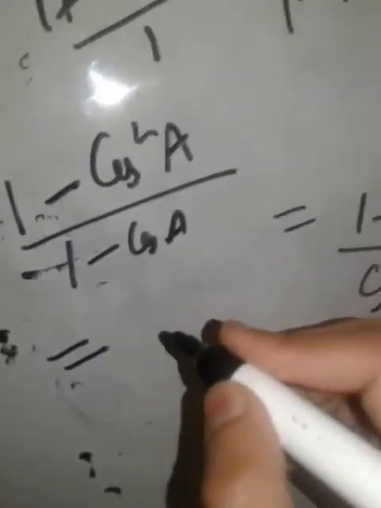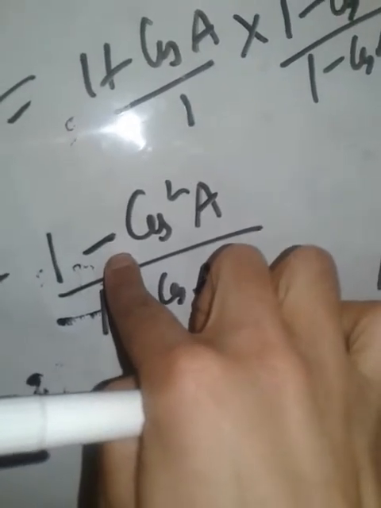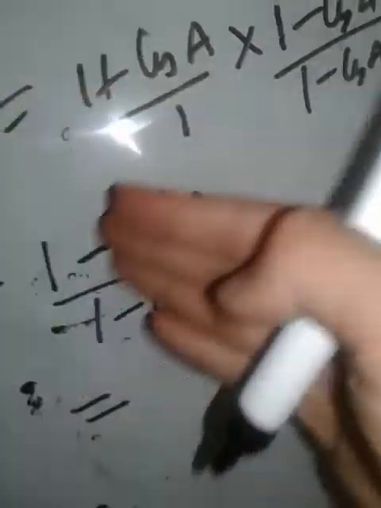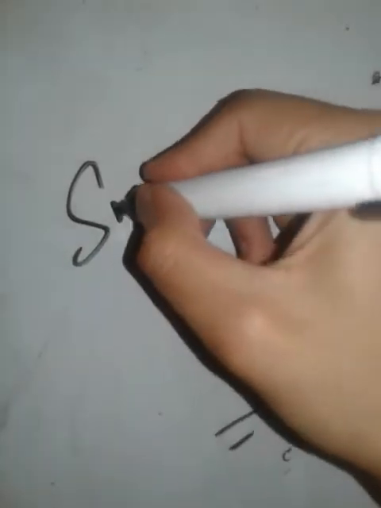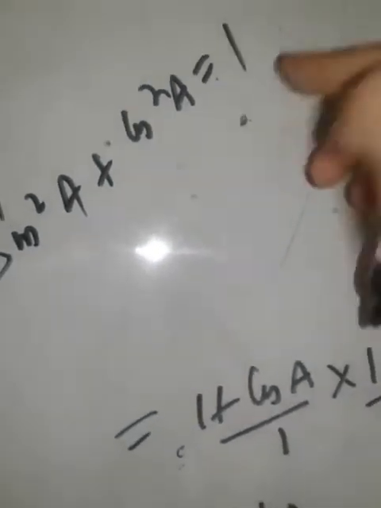Now again, in the first identity, when we were talking about sine square theta plus cos square theta equals 1, I told you that we can change it by making sub identities. Sine square a plus cos square a is equal to 1.